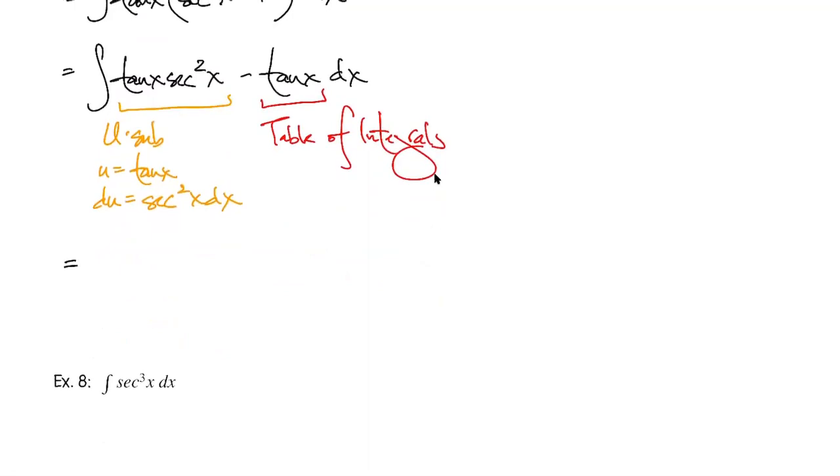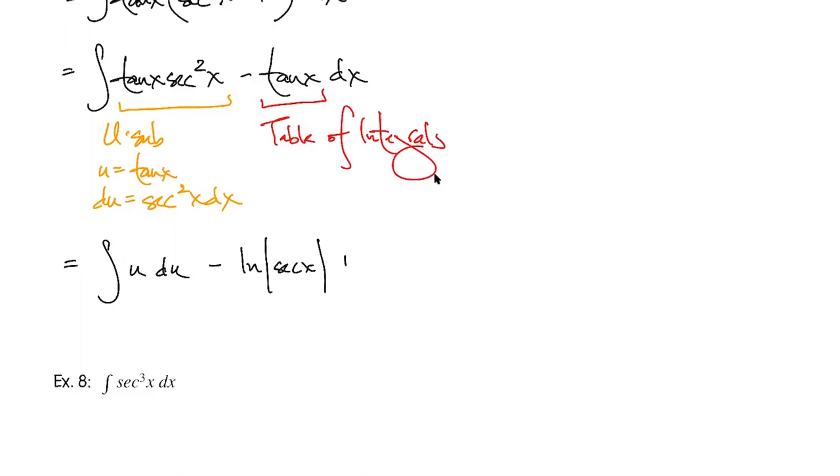So when I set up my u sub for the first part, I'll end up with the integral of u du minus the integral of tangent x. If I look up the integral for that, it has two different answers. One of those forms is the natural log of secant x.